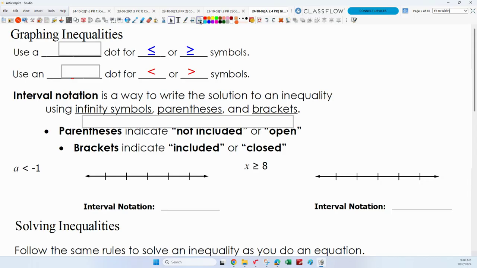When we're graphing inequalities, like a is less than -1, or x is greater than or equal to 8 on a number line, we always have to have an endpoint, which we write as a dot normally. If we're including the equal sign with our inequality, what kind of endpoint or dot do we use?